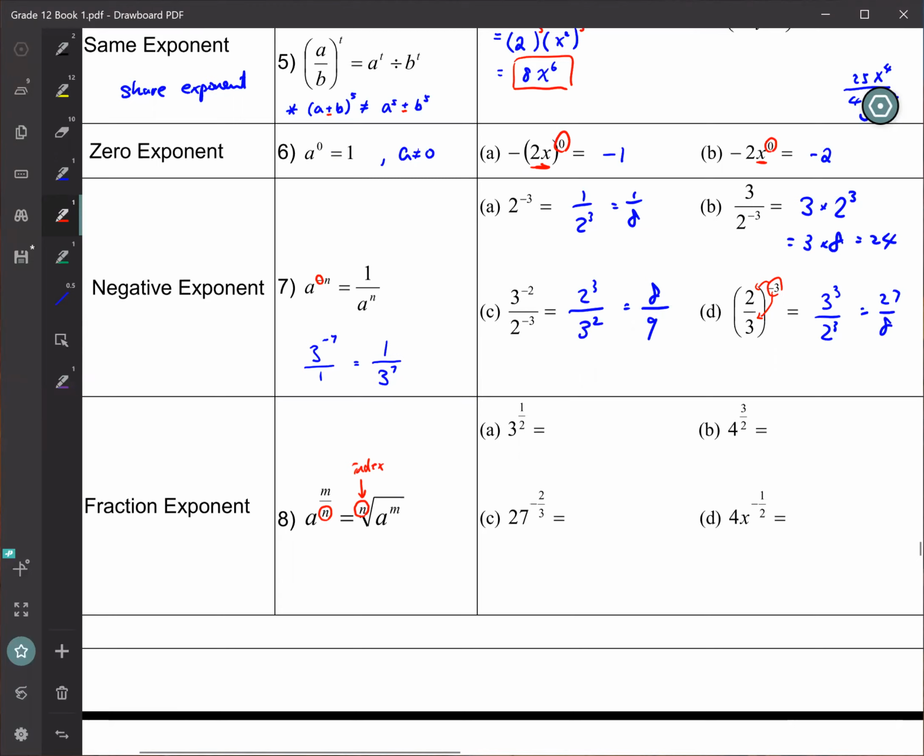So please turn each one of them into radical form, and if possible, then evaluate, okay? If not, then you just leave it as it is. Okay, raise your hand if you finish all 4.